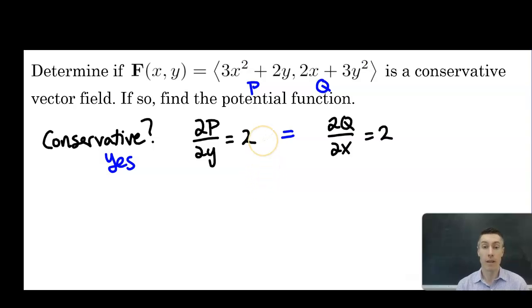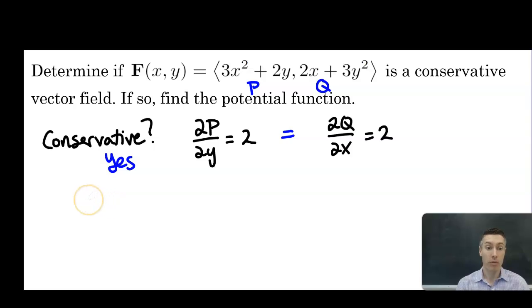Essentially what we're doing is we're assuming that this vector field was created from a potential function, so that P is the partial with respect to x, Q is the partial with respect to y. We're checking the second order mixed partials to see if they're equal, so that Clairaut's theorem holds, and then we know that that function we assumed existed actually exists.